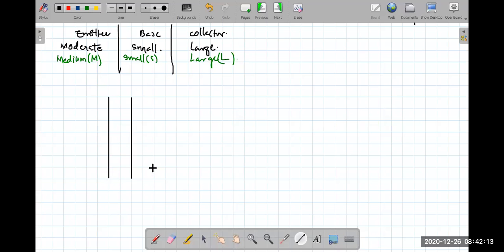If you are okay with it, we can explain with holes, or else we can talk in terms of electrons. Should I explain using holes or using electrons? Okay. This time we'll try it with holes only.